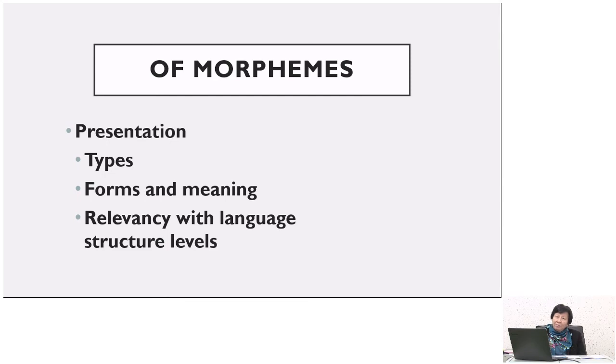When you come to morphology, if you would like to get morphemes, you have to present how many types you have. At least here we have 3 languages. You have to be specialized, or be an expert, in your own language, English and Pali.